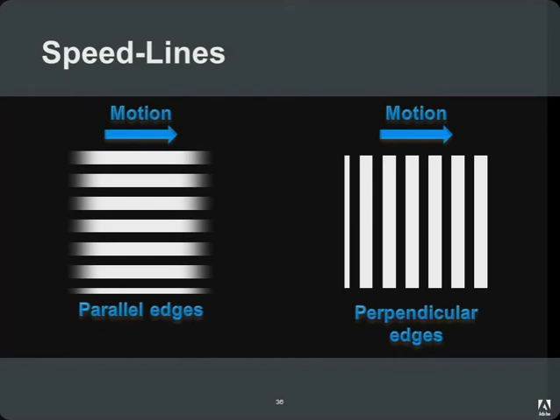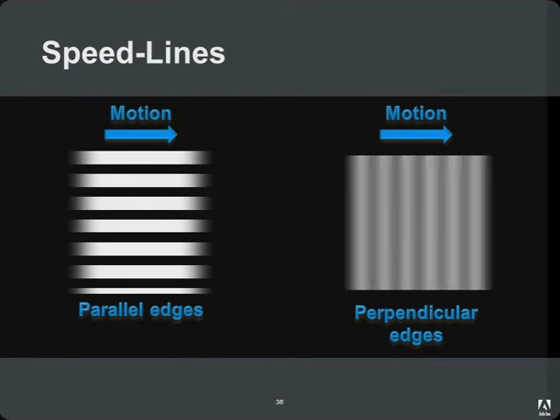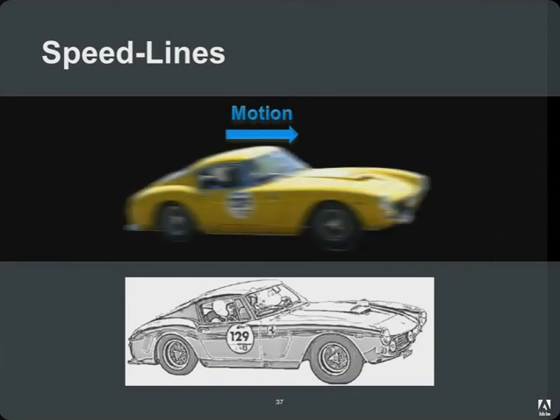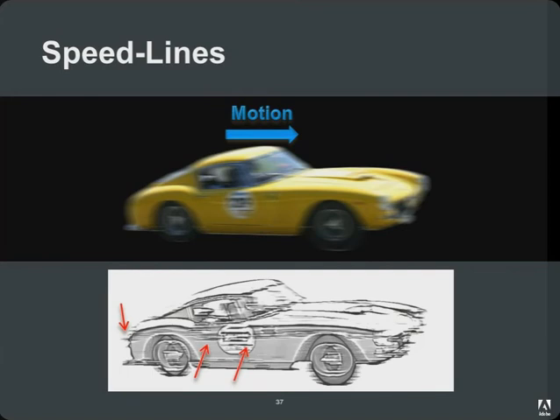However, structures that are perpendicular to the motion become averaged with other neighboring structures and thereby become severely blurred. If we look at an actual image, we see that for a still car, all edges are reproduced equally. But for a moving car, which is blurred in the direction of motion, vertical lines are blurred away, while horizontal lines are left intact or even emphasized, resulting in horizontal speed lines in the direction of motion.